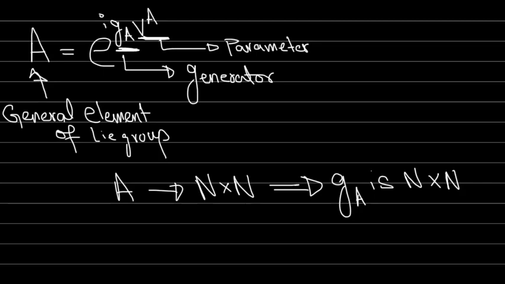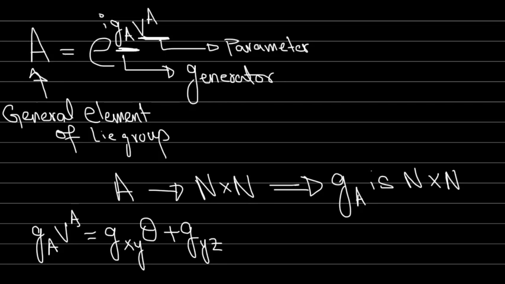Say, for example, you can write GA VA is equal to GXY theta plus GYZ phi plus GZX. Another variable that I can use for angle could be, let's just say, psi, right?